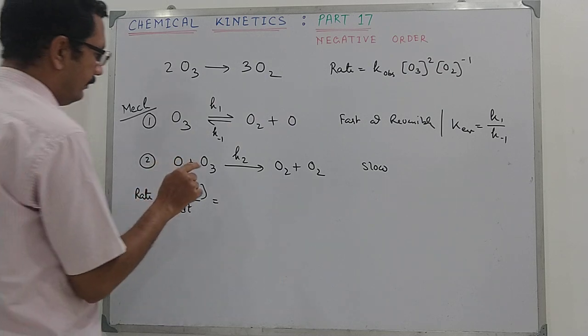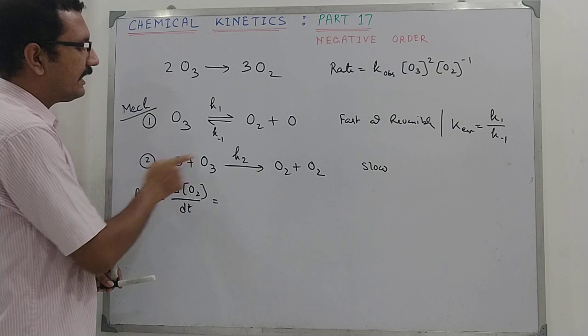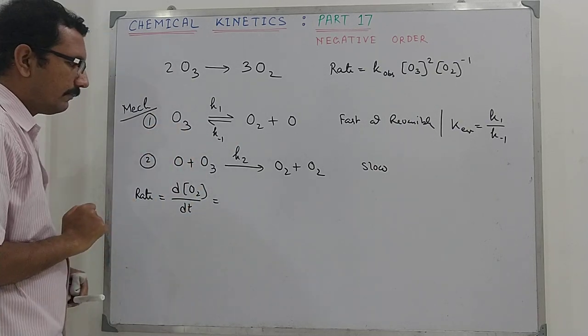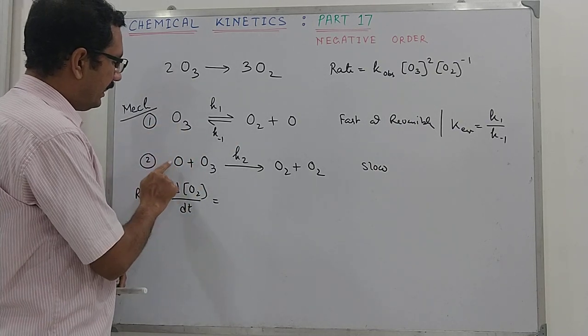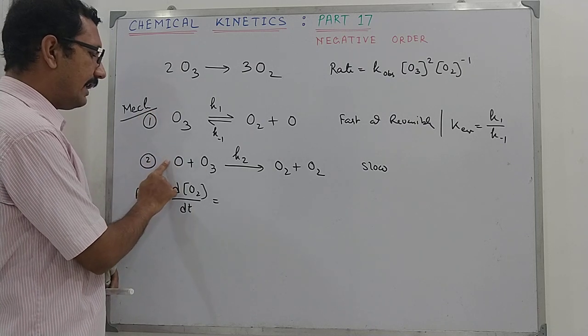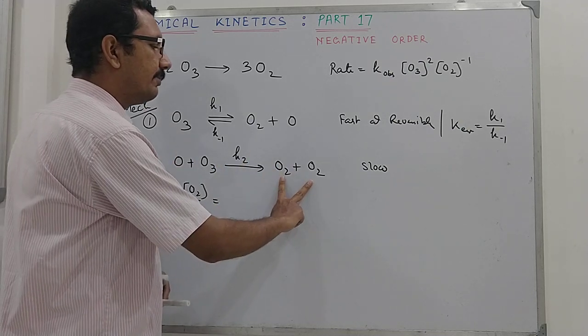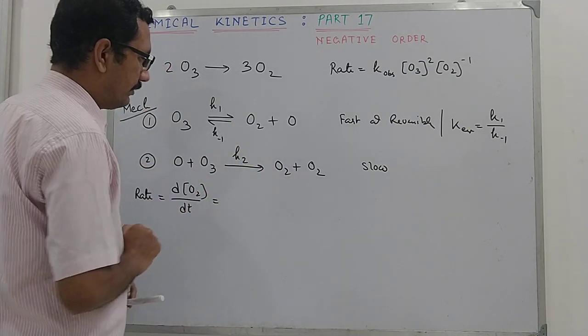Now see, if we consider the rate of disappearance of O to be guided by K2, then for disappearance of each nascent oxygen, there are two molecules of dioxygen produced.